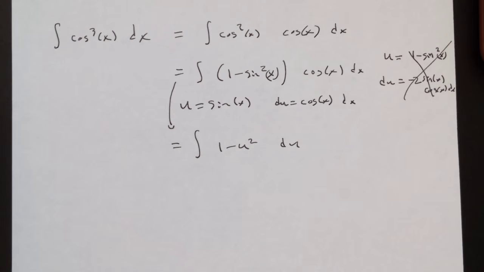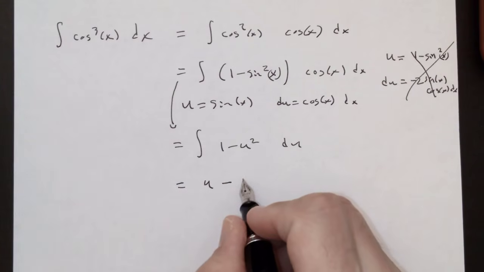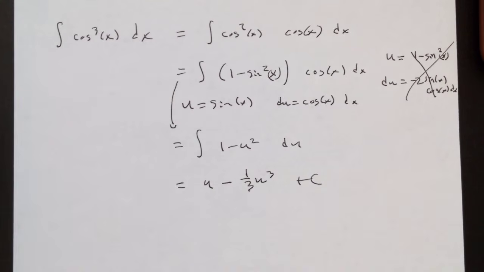What's my antiderivative? Well, no, be careful. If I go from here, I'm going to get u minus 1/3 u cubed plus c, but u is sine of x.